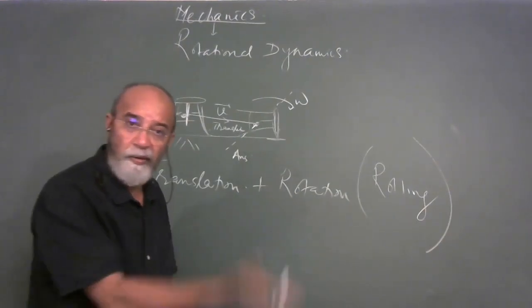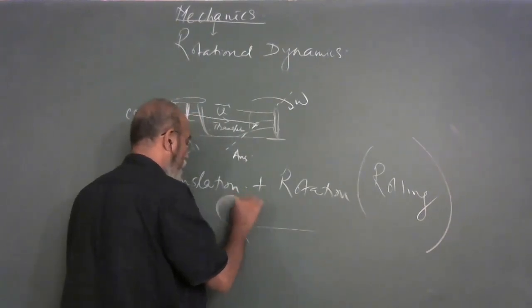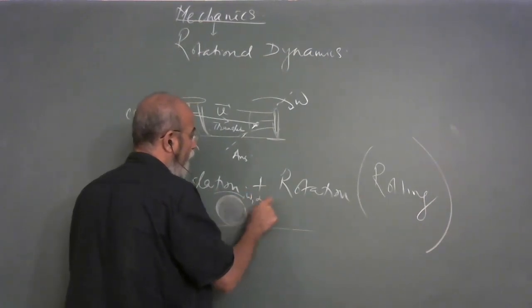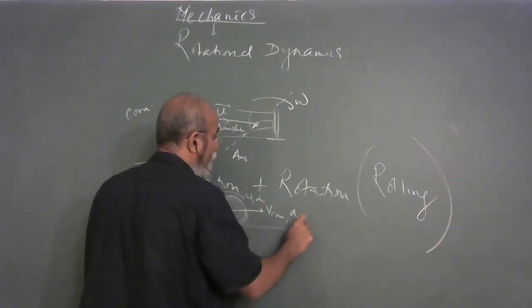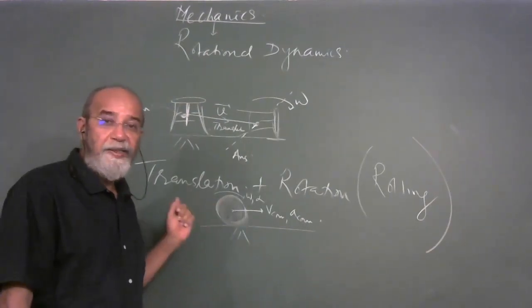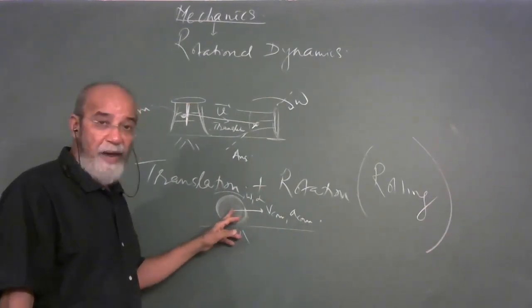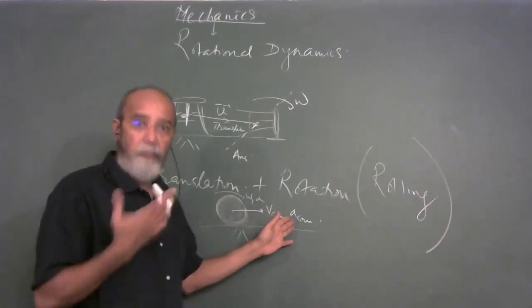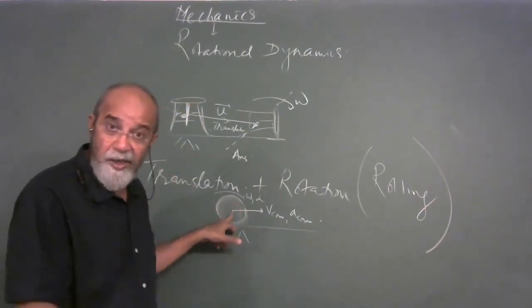Example, roll this ball. Center of mass, translate. It's got velocity, it's got acceleration. And it rotates about an axis through its center of mass.